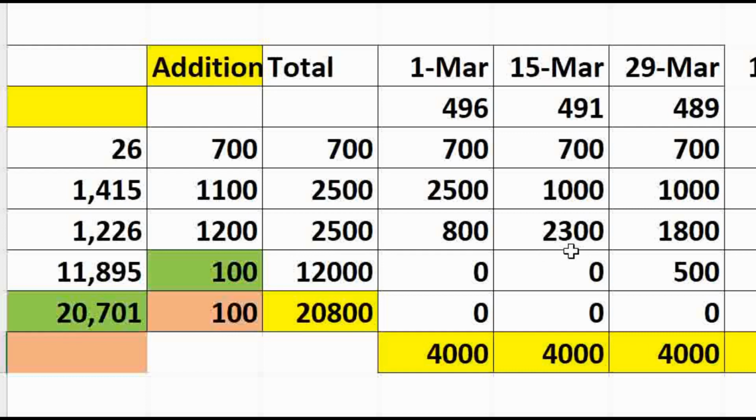That means a total of 2900 will be there. So out of this 2900 we have to pick up 2300 to complete 4000.